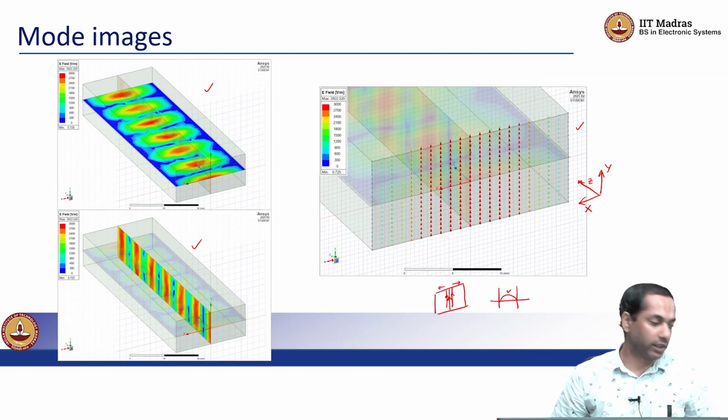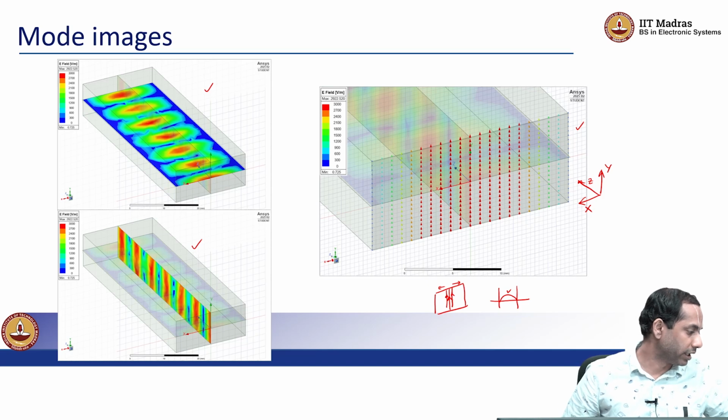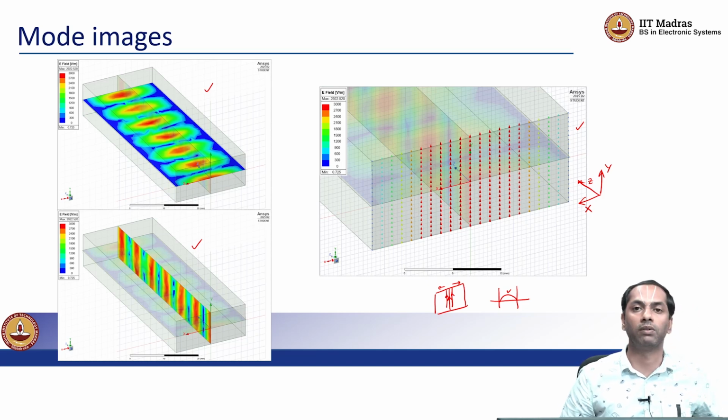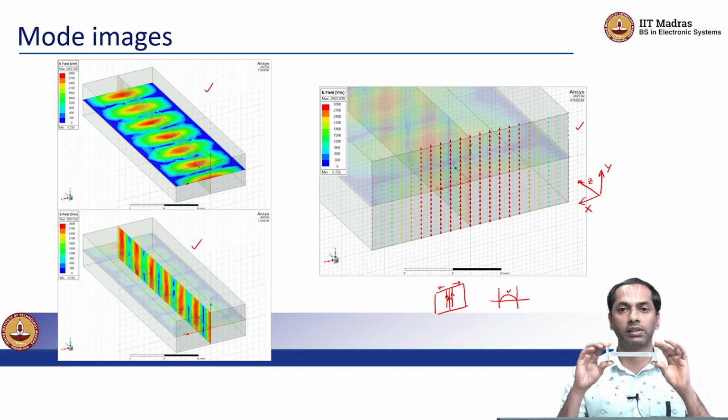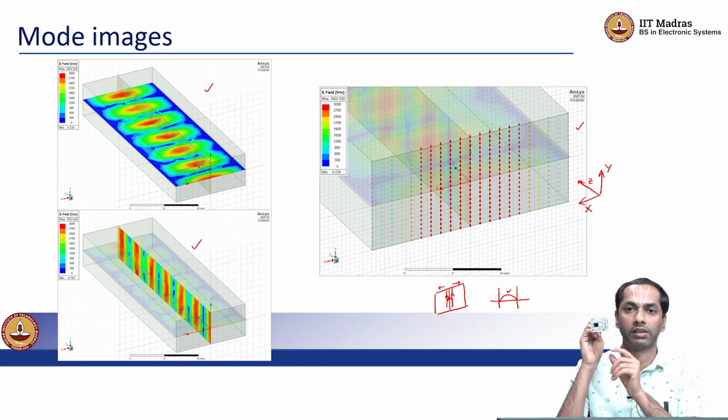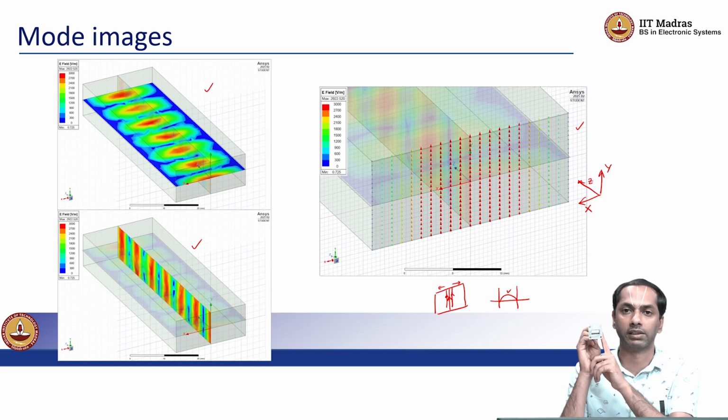So one more thing that I would like to show you is how a rectangular waveguide looks in practice. This is a rectangular waveguide where you can see the cross section is a rectangle. The dimensions are so chosen that it is single mode at 10 gigahertz. So this is a waveguide used for 10 gigahertz electromagnetic fields, and it is single mode at this frequency.